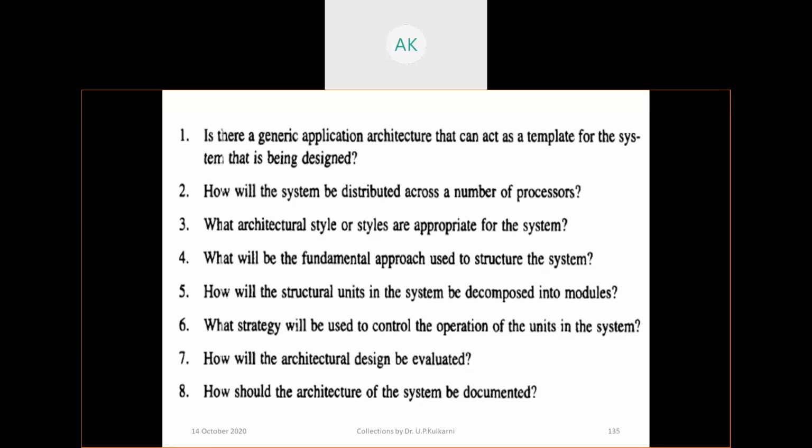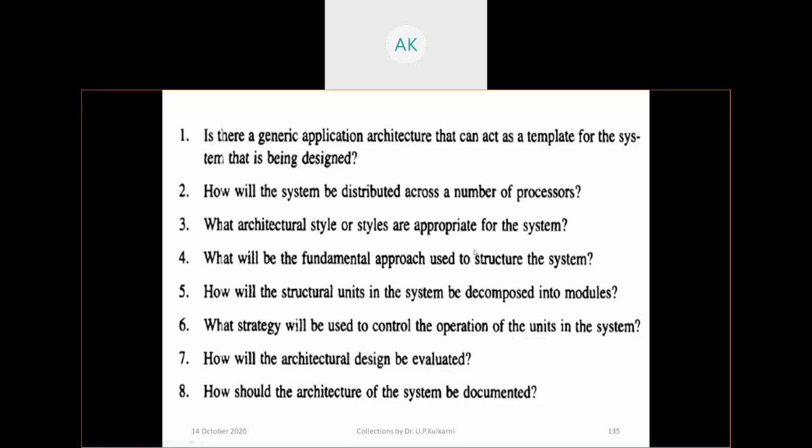And remember that these architecture diagrams are a template for the system that is being designed, and also show how the system is distributed across a number of processors, depending on how and where they are going to get deployed.